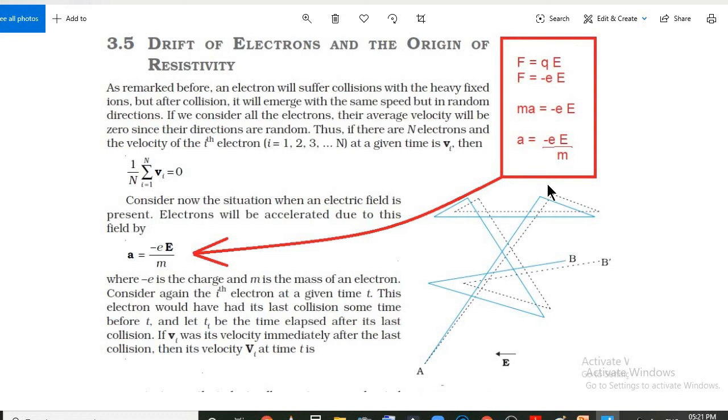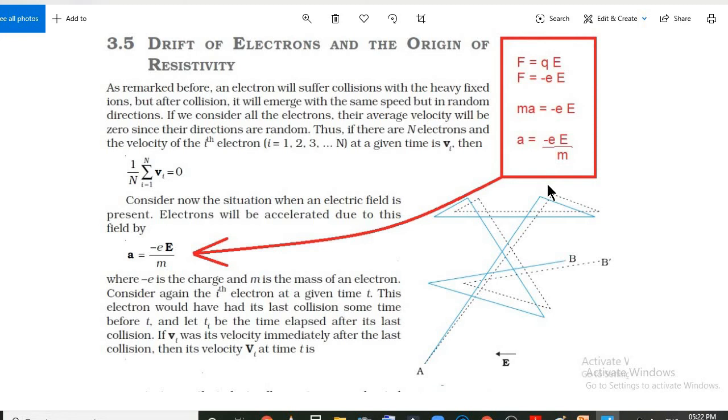The time interval between successive collisions is different. It is like comparing the lifespan of different persons: some may live for 50 years, some for 100 years, some for 60 years. Similarly, the time is different.